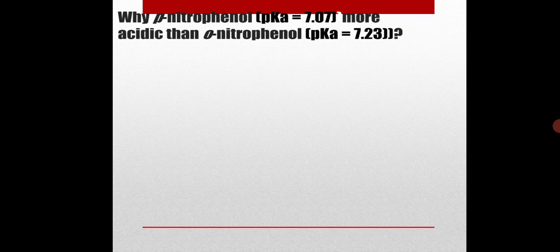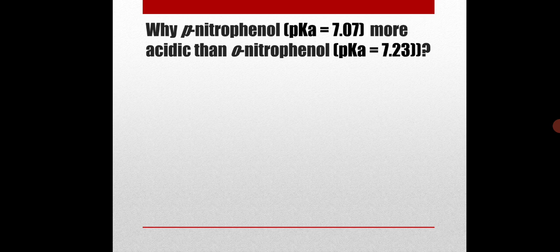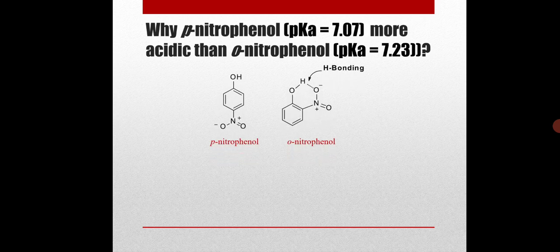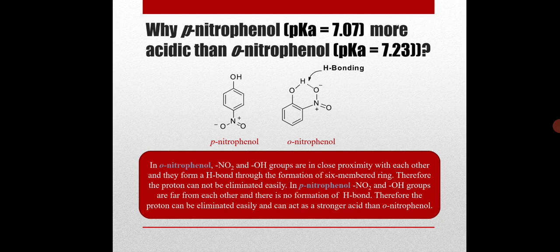Why is it so? The explanation for this is that in ortho-nitrophenol, the nitro and the OH group are in close proximity with each other, and they form a hydrogen bond through the formation of a six-membered ring. Therefore, the proton in ortho-nitrophenol cannot be eliminated easily.